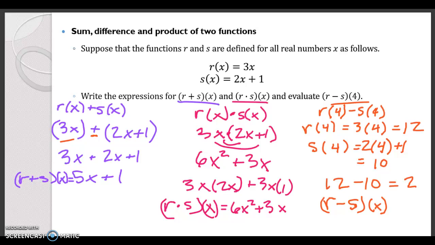I'm going to do the orange work over here. So that's going to be 3x minus 2x minus 1. Why do I write minus 2x and minus 1? Because that minus sign has to be distributed into both of those. So I'm going to be left with x minus 1.